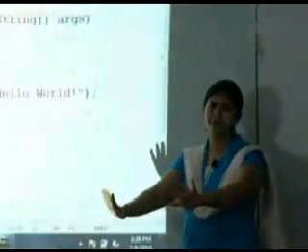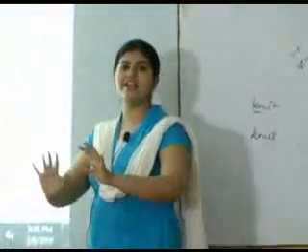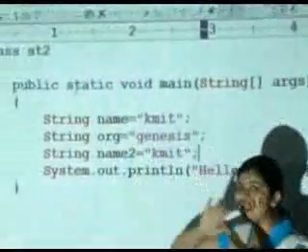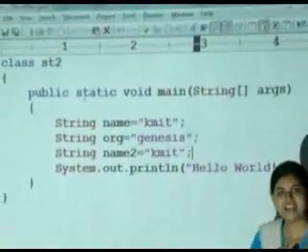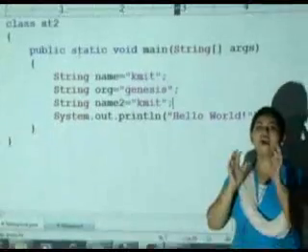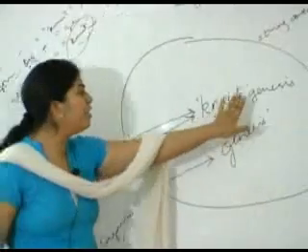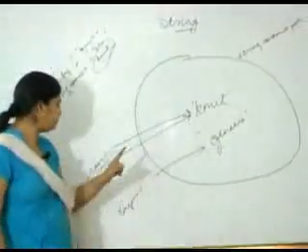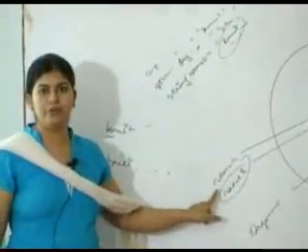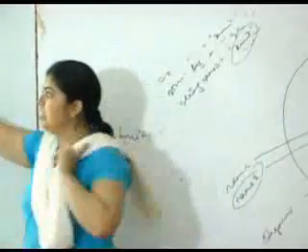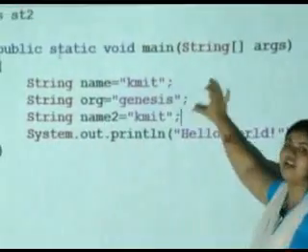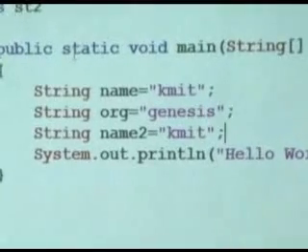It would stop the process of creating an object and tell name2, boss, I already have an object created with the value KMIT. You only need to point to the same object over here. I am not creating a separate object for you. Now, when these three lines are getting executed, only two objects are getting created.